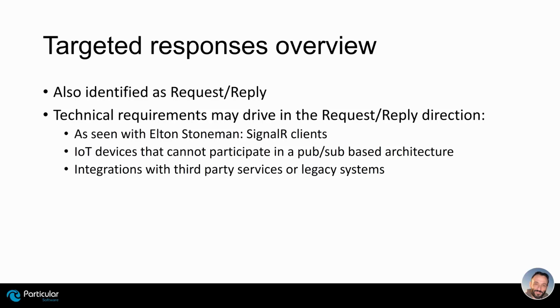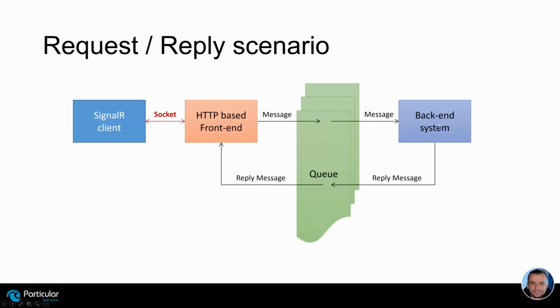Integration with third-party services can be seen in such a way. We may end up having a legacy application we need to be able to talk to, and that legacy application is not able to talk to a queuing system. So we need to find a way to translate messages to this legacy application in order to allow this legacy application to participate in the long-running conversation that we are going to have.